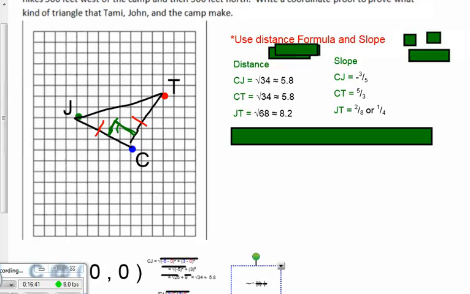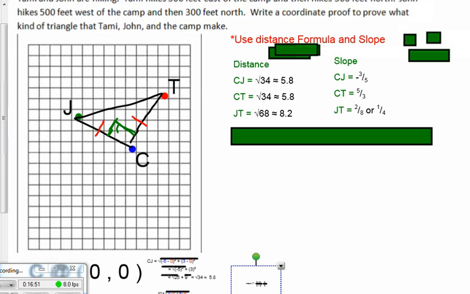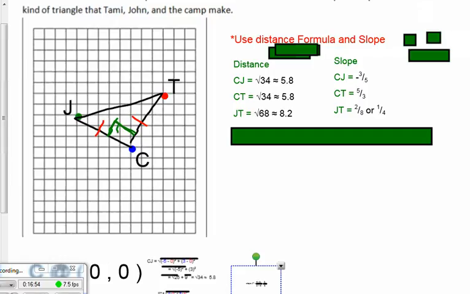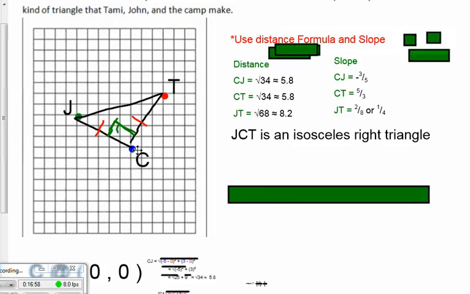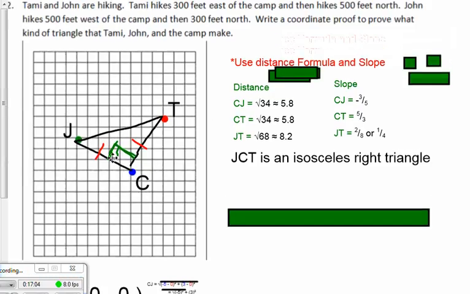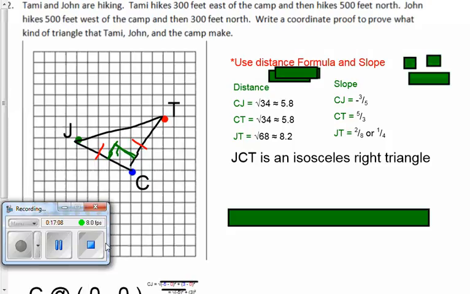They meet at a right angle. So if that's a right angle, and those two sides on the edge there are congruent to each other, we would say then that JCT is an isosceles right triangle. So we've defined the kind of triangle that these three make. And that concludes section 4.